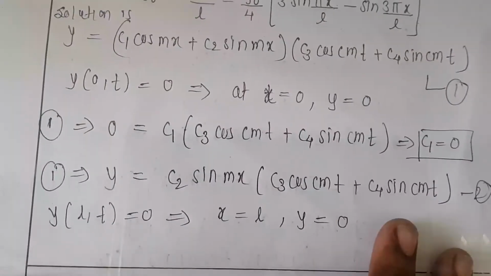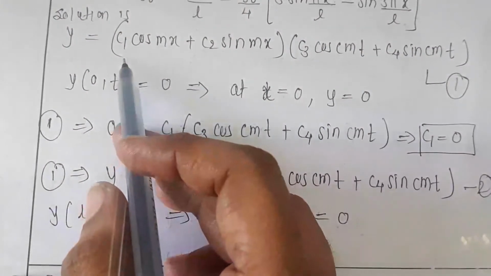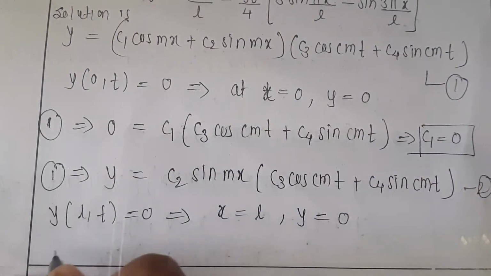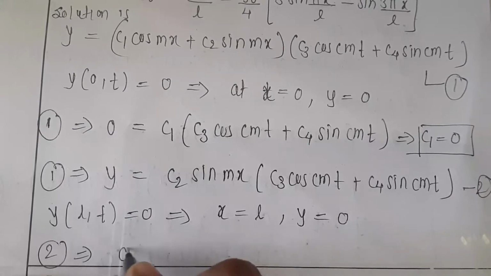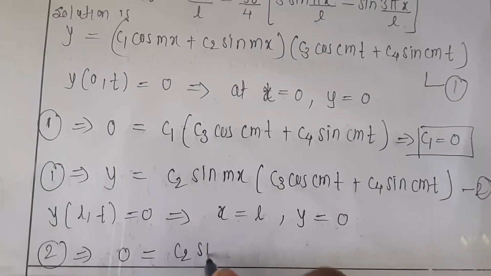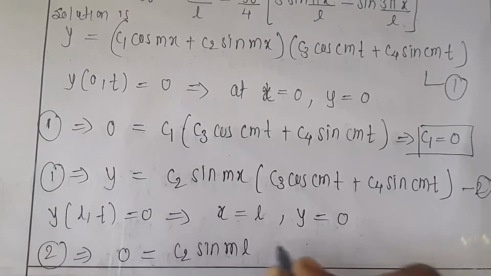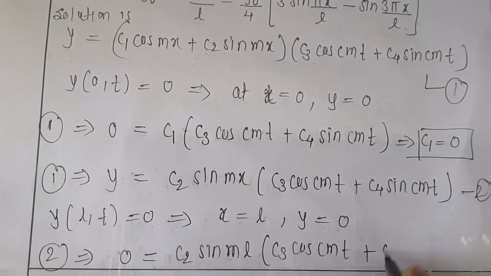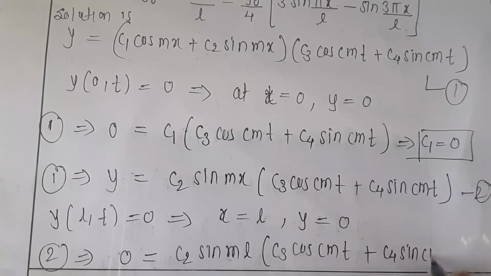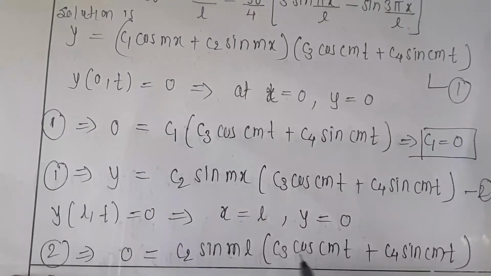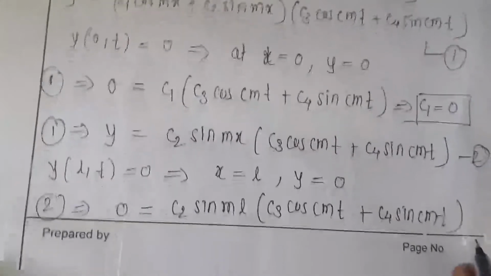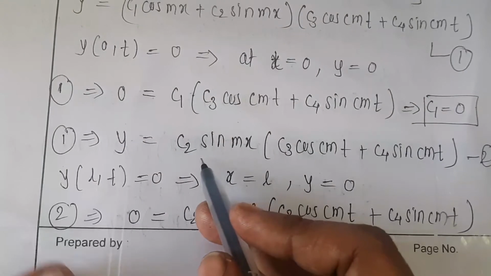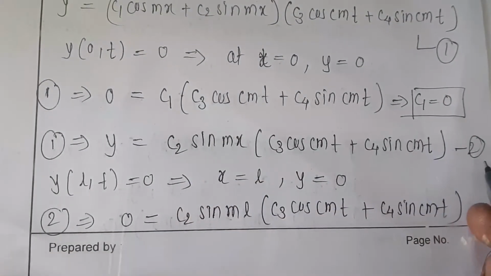So at x is equal to L, in equation 2, 0 is equal to c2 multiplied by sine of mL multiplied by c3 cos of cmt plus c4 sine of cmt. Again this bracket cannot be 0, otherwise the solution becomes 0. C2 also cannot be 0 because equation 2 is the solution; if c2 becomes 0, the whole solution becomes 0.